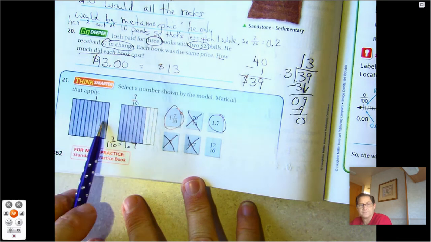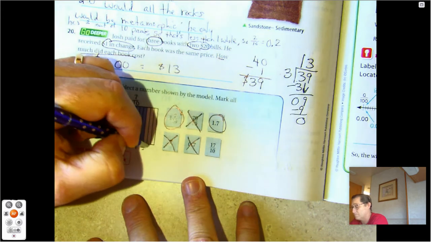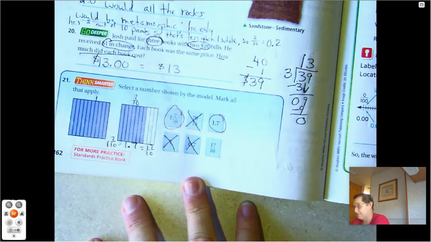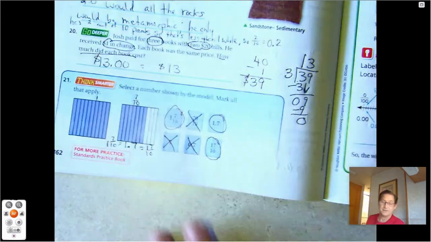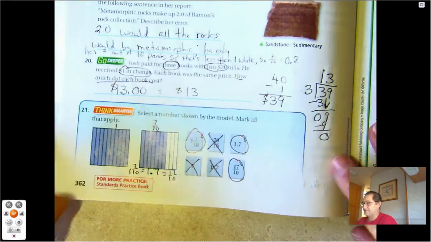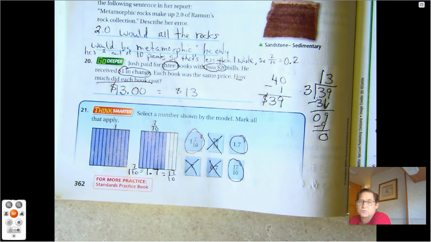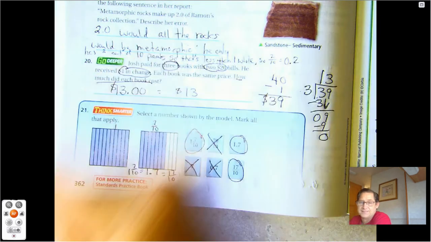How many parts are here? 10 plus 7 more. So 17 tenths is a possibility. So there are 3 possible answers there. So that's it for writing fractions as decimals to the 10th place.